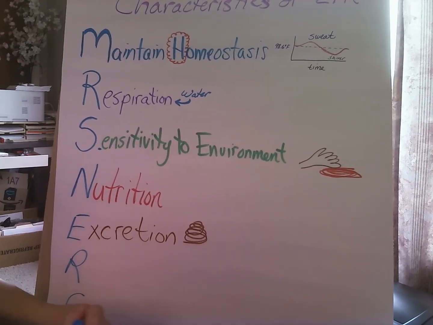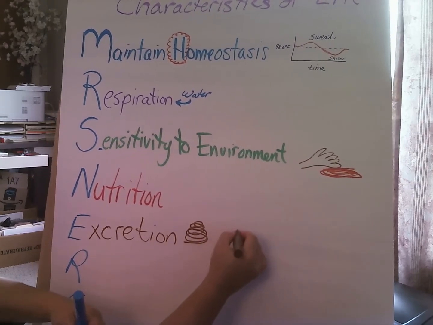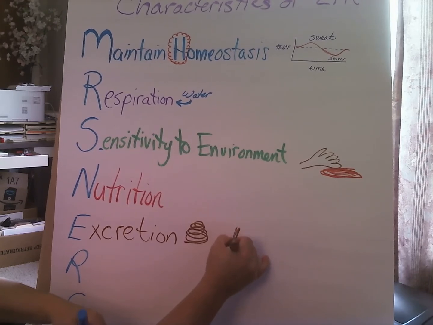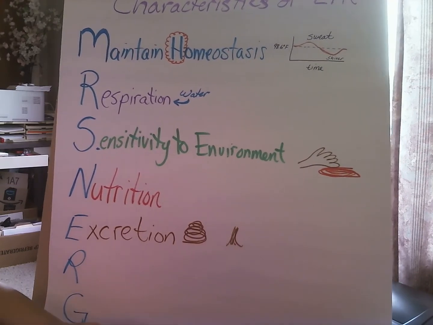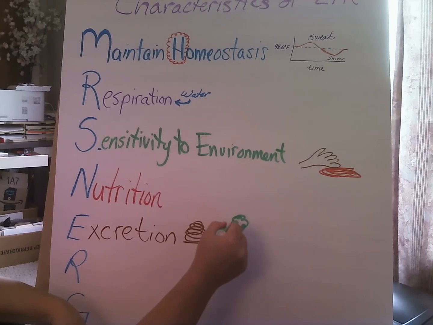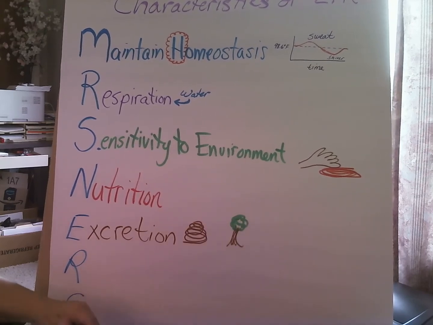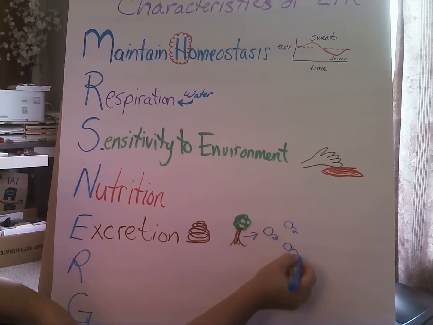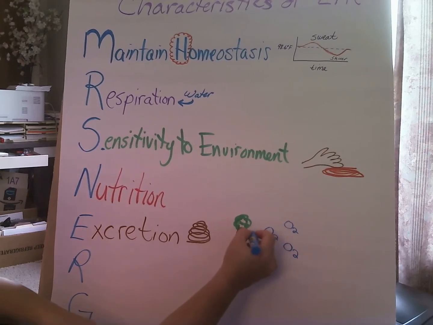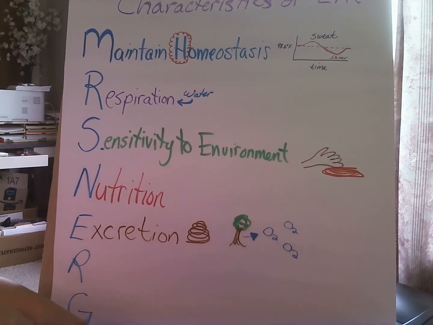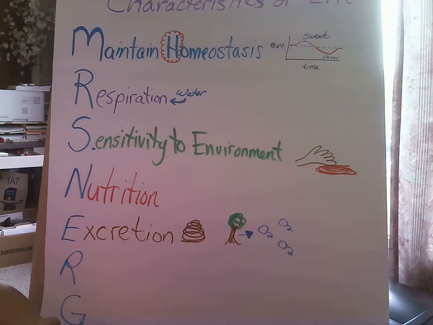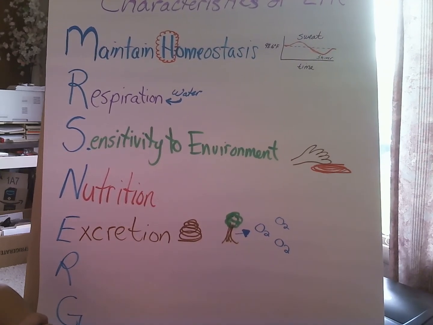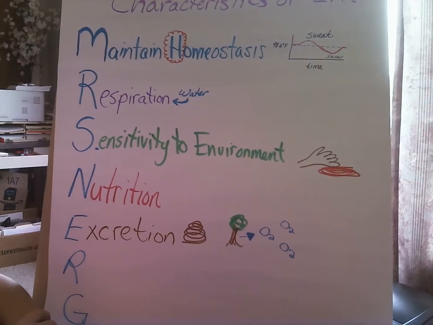So here's my tree. Beautiful tree. The things that are coming out, good old oxygen. That is called an excretion. And I love breathing that tree excretion. And they love using my carbon dioxide that I am breathing out.